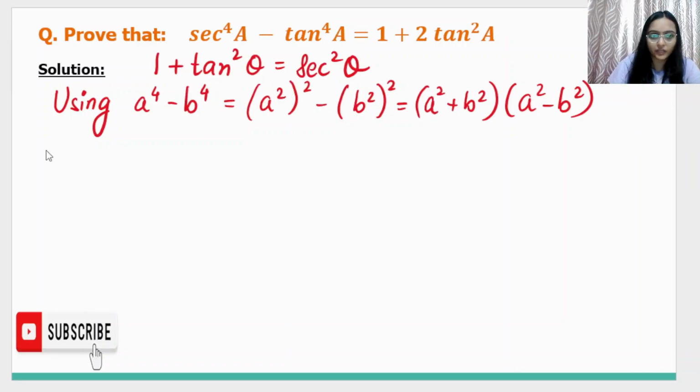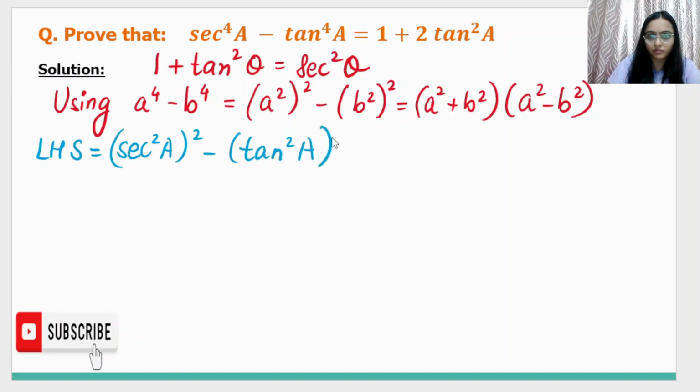So let's write the left hand side first. Instead of sec⁴A, what we will be writing? Sec square A the whole square minus tan square A the whole square, right?